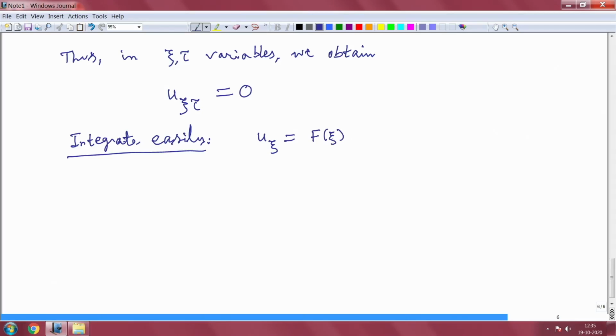And one more integration: when I integrate again with respect to xi, I get another function of xi, but the constant of integration can be a function of tau. So, u is equal to f of xi, another function because of this integration, plus g of tau.